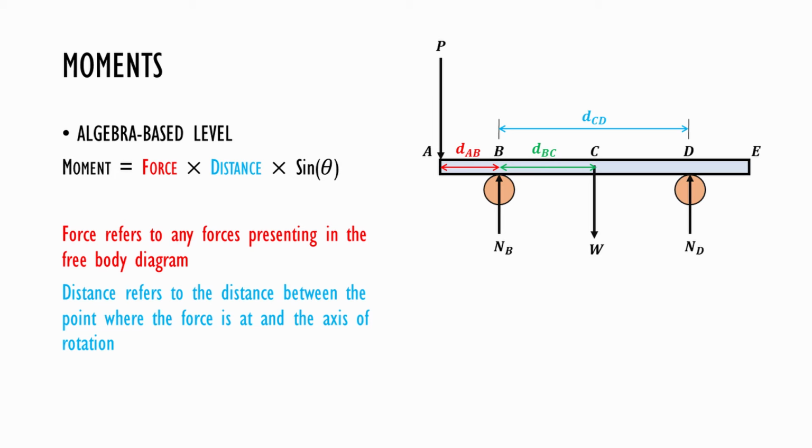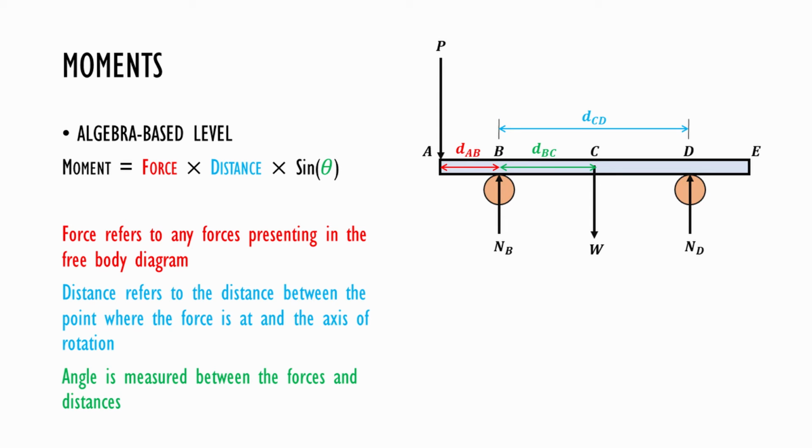In the two-dimensional case, the axis of rotation appears like a point. In this case, it's point B. Angle is measured between the forces and distances. In this case, they are all 90 degrees, and sine of 90 degrees is 1.